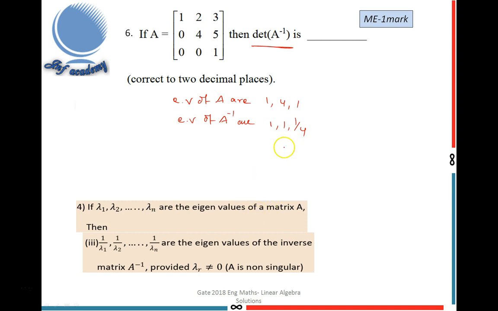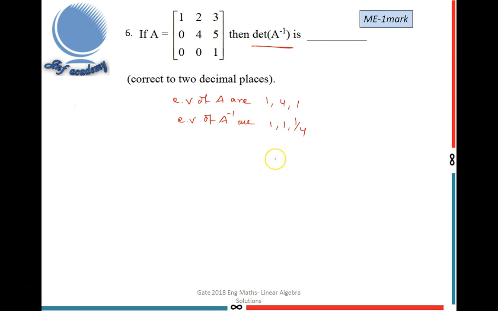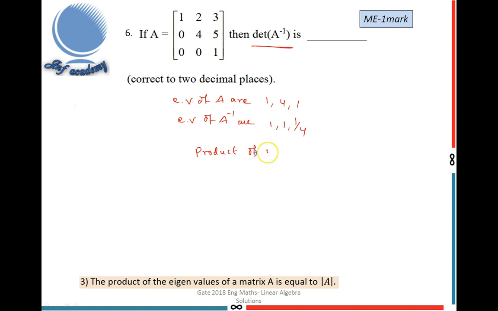Next, we have to find the determinant of A inverse. So, again I use another property: the product of the eigenvalues of matrix A equals the determinant of A. By using that property, the product of the eigenvalues of A inverse equals the determinant of A inverse.